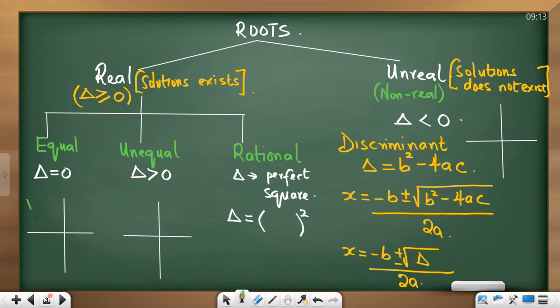Your graph will have one point of intersection. It turns right there. Please take note. It's just one point. It turns right on the axis. That's what we mean by roots are equal. So that is referred to as equal roots.